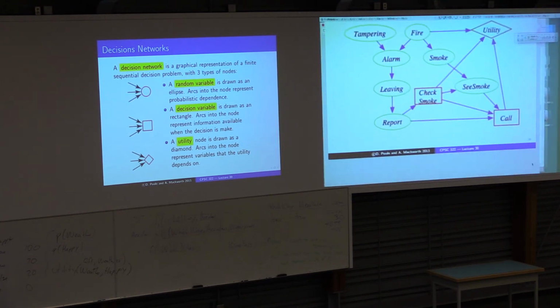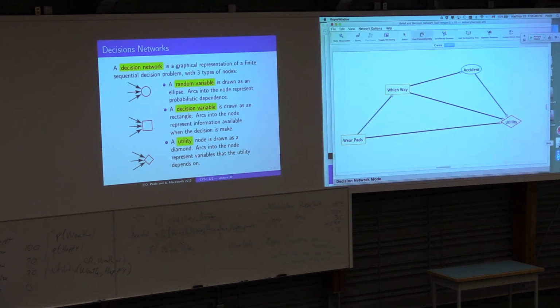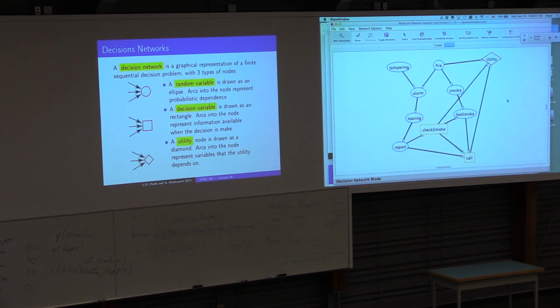So if I load this sample problem, this is the fire alarm. If I look at the probability and utility view, I have exactly the same values that I had before.